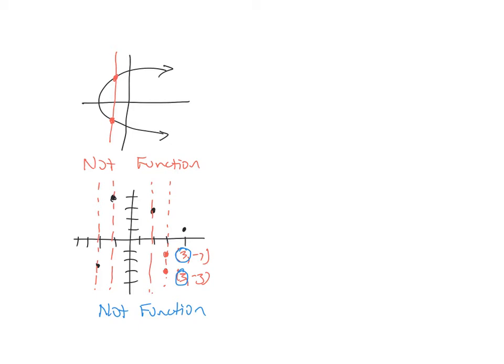All right. So a good portion of your assignment is just going to be function or not a function. Okay, so then we're going to have a few problems where it asks about domain and range.